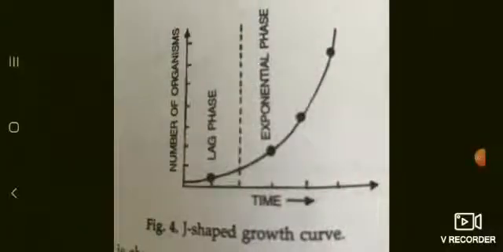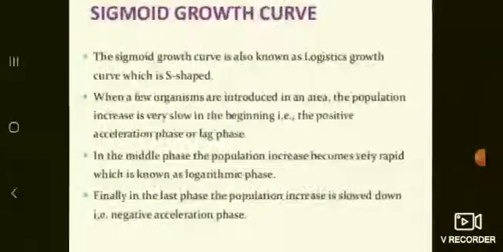For example, many insect populations show explosive increase in number during the rainy season, followed by their disappearance at the end of the season. So this is the equation which represents the J-shaped growth. This is the J-shaped graph curve.